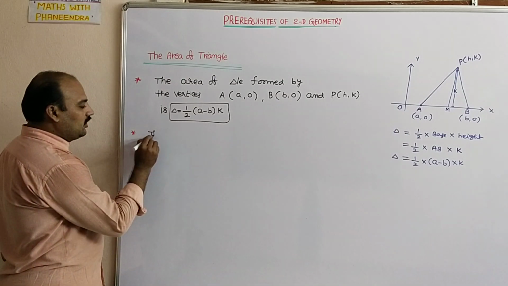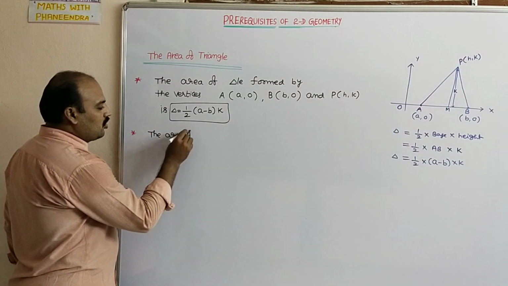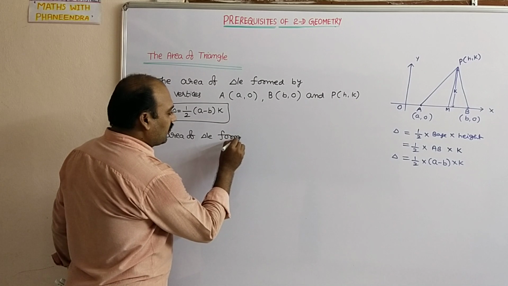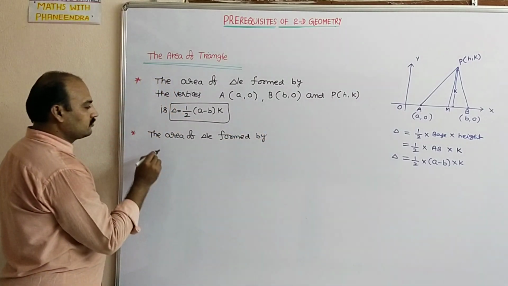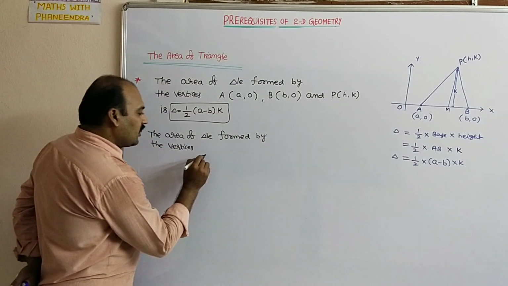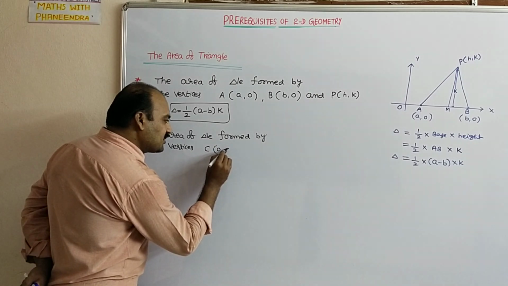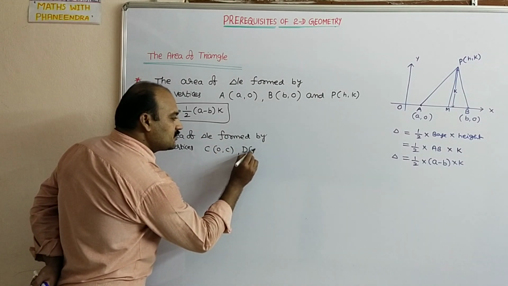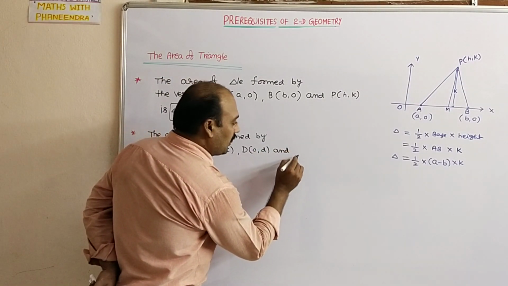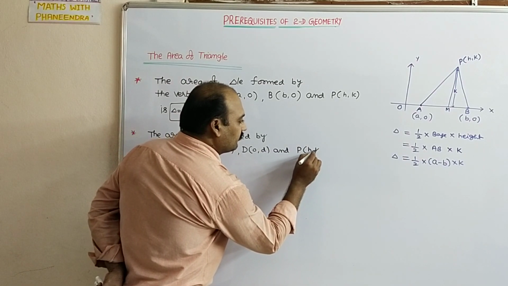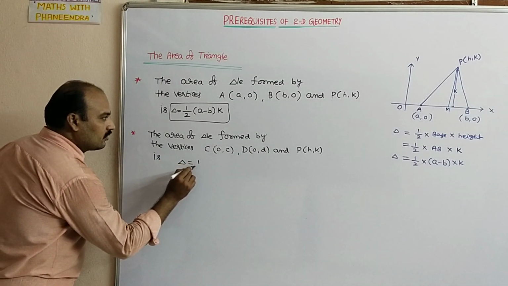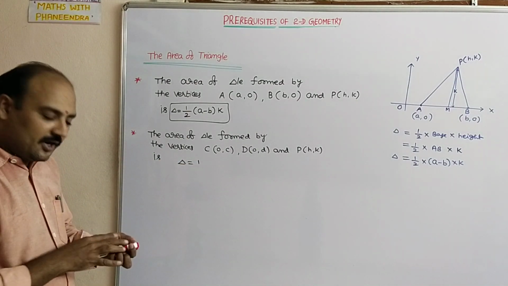The area of the triangle formed by the vertices C (0, C), D (0, D) and P (H, K) is delta equal to... I will explain first, after that I will write it.